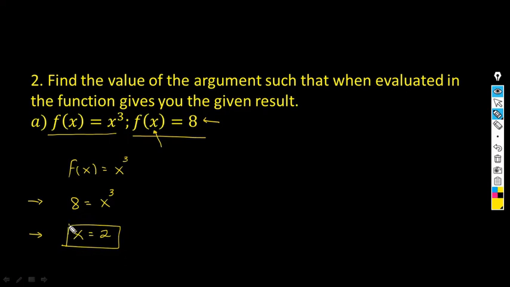So this is the value of the argument such that when evaluated into this function, look, when I evaluate the function in this number, I'm gonna have this. Which is in fact what I was told. Okay, so the argument that produces such number is 2.